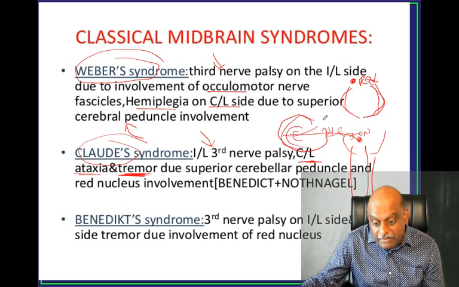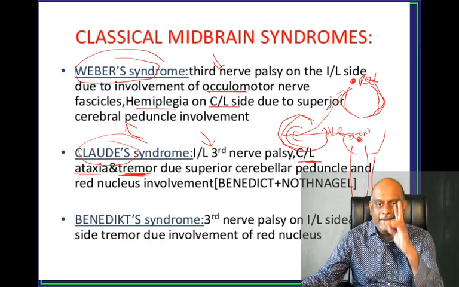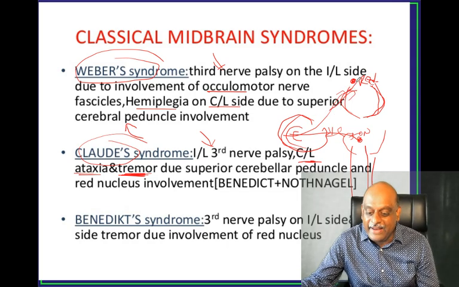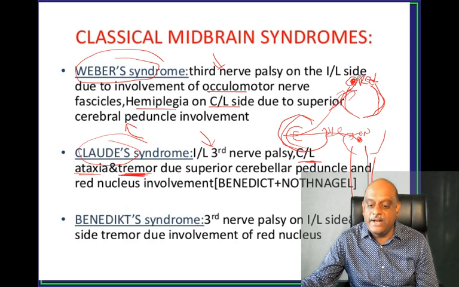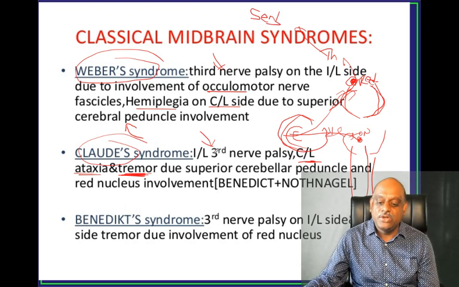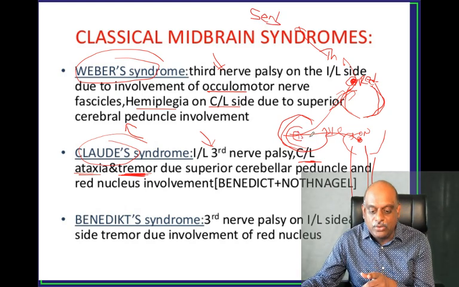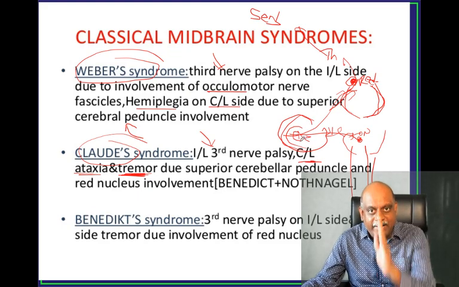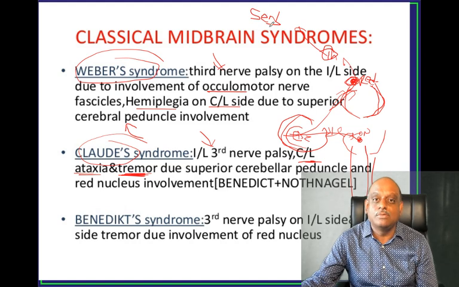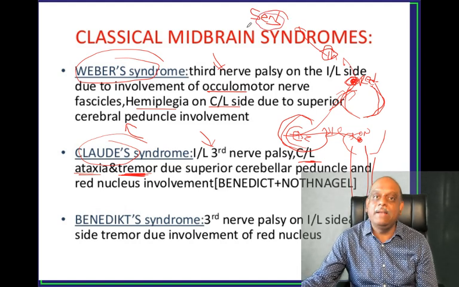And from the cerebellum, through the superior cerebellar peduncle, it will go to the midbrain. And it will report to the red nucleus. The red nucleus will report to the thalamus. The thalamus will report to the sensory cortex. So this is called the dentato, it is the dentate nucleus which is the efferent. Dentato, rubro, thalamo, cortical pathway.